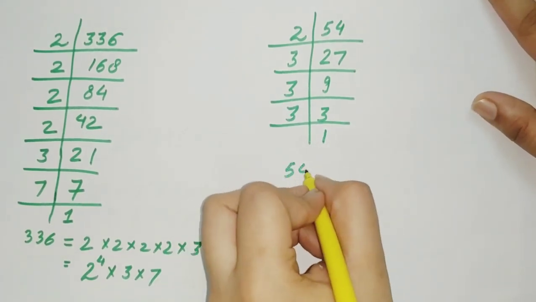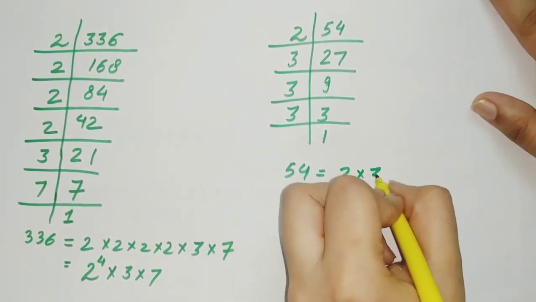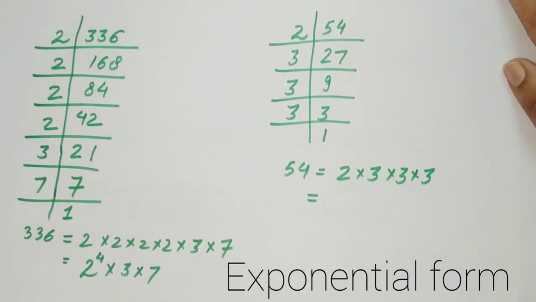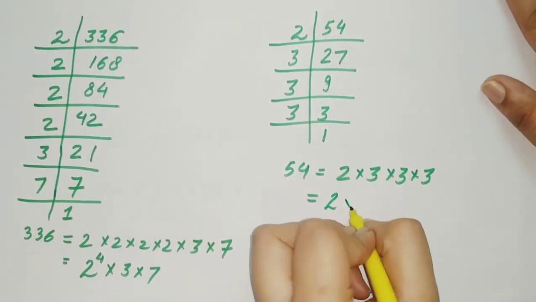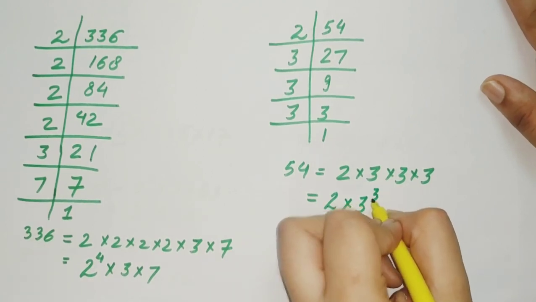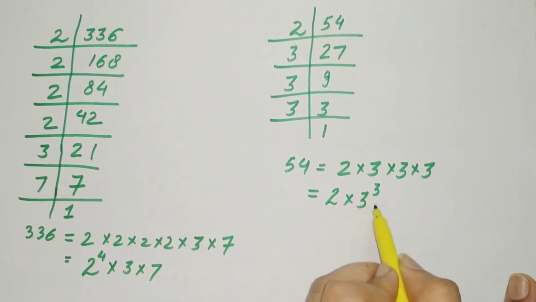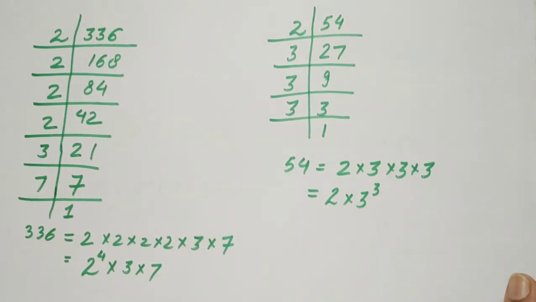Now 54 can be written as 2 multiply 3 multiply 3 multiply 3. In exponential form, we'll write it down as 2 multiply 3 power 3. Since 3 is repeated 3 times, thereby we wrote it as 3 raised to the power 3.